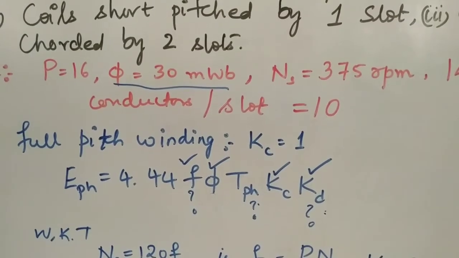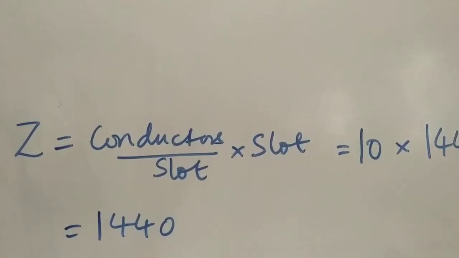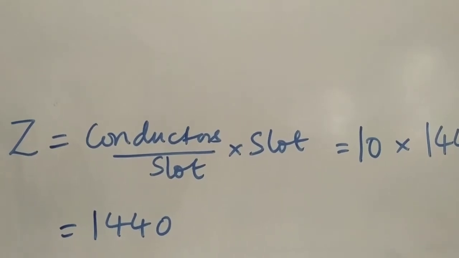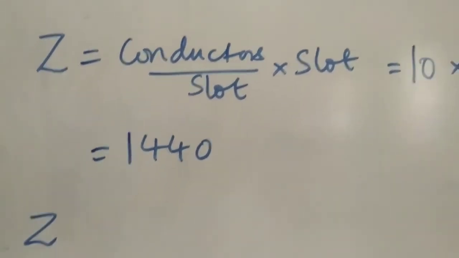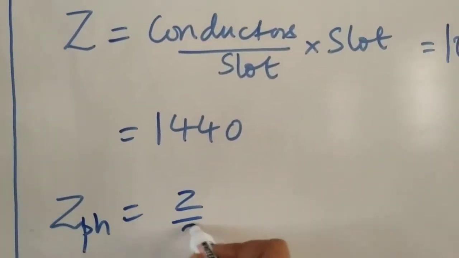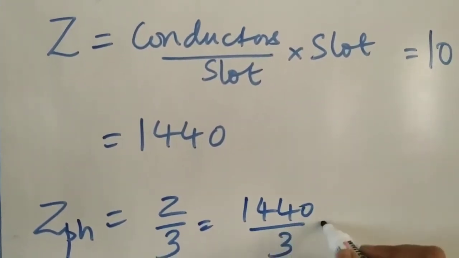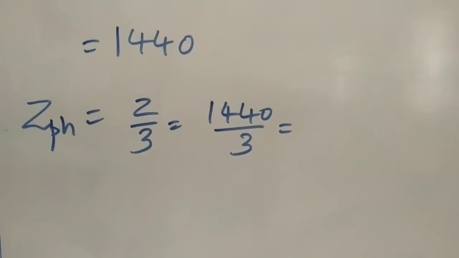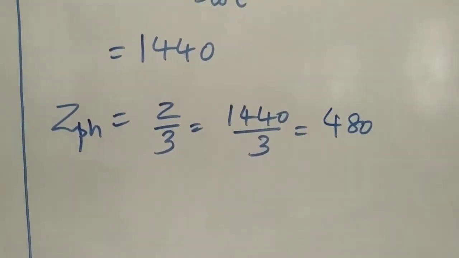So let us go and solve the number of conductors per phase. When we solve the number of conductors, it results in 1440 conductors. Now if you want it for the conductors per phase, it will be Z divided by 3. So it is 1440 divided by 3. It results in 480 conductors.